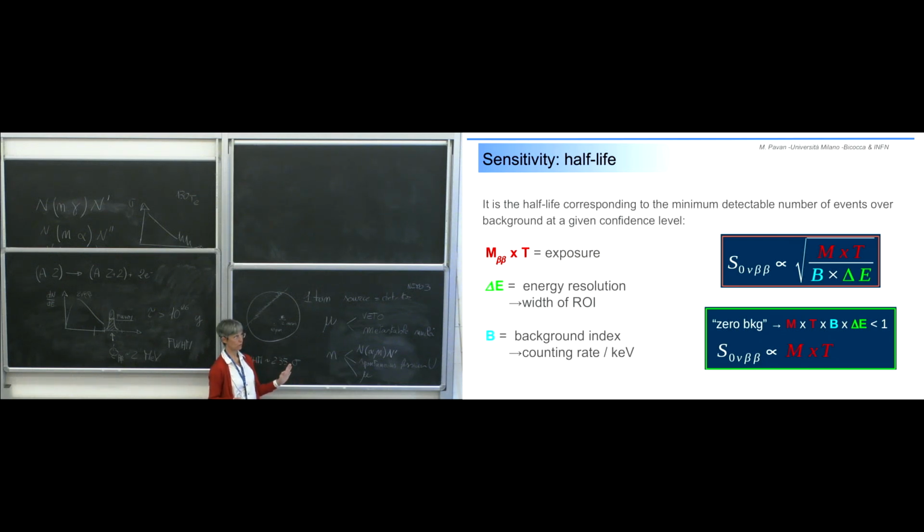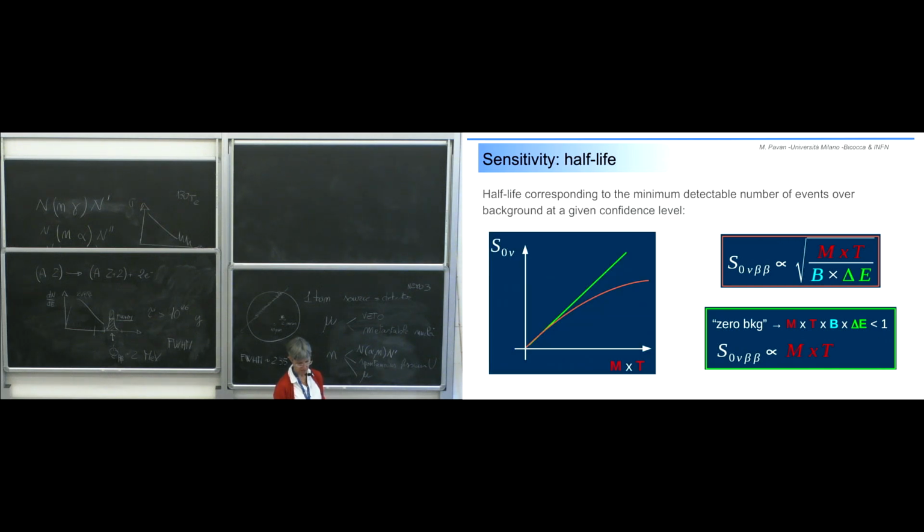Look at these two formulas and try to demonstrate them. It's quite simple. It's just statistics, all the information is there. There are two approximations. The green line is the best solution because if I have zero background, my sensitivity scales with mass and time.